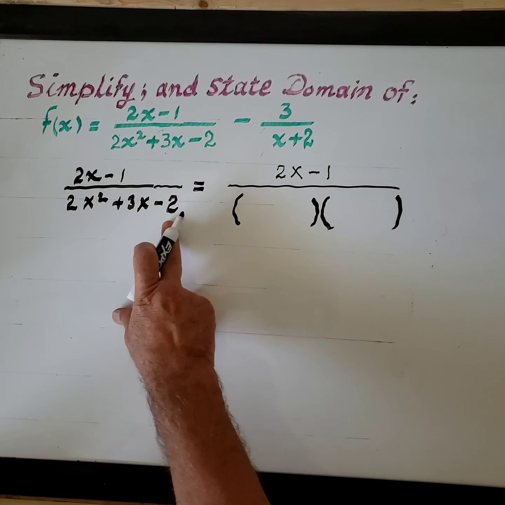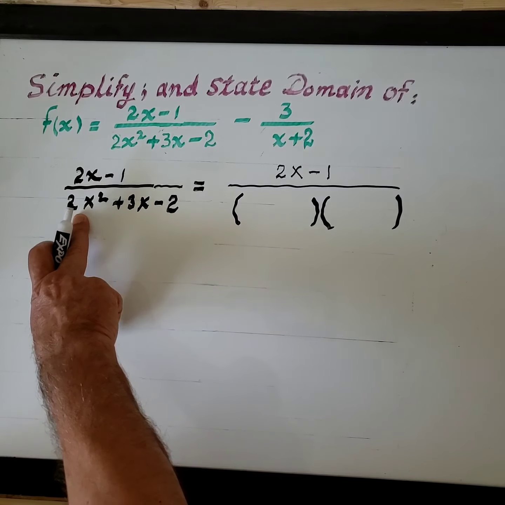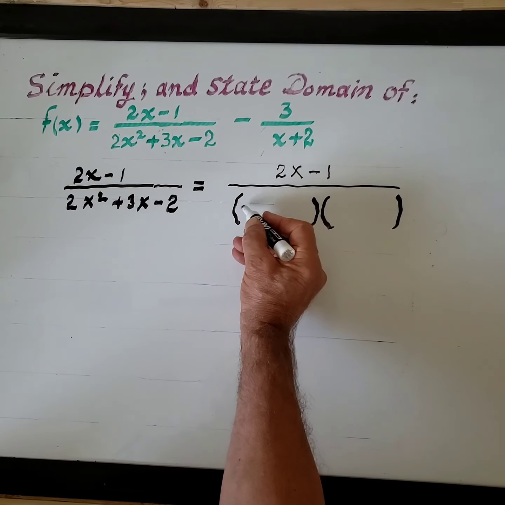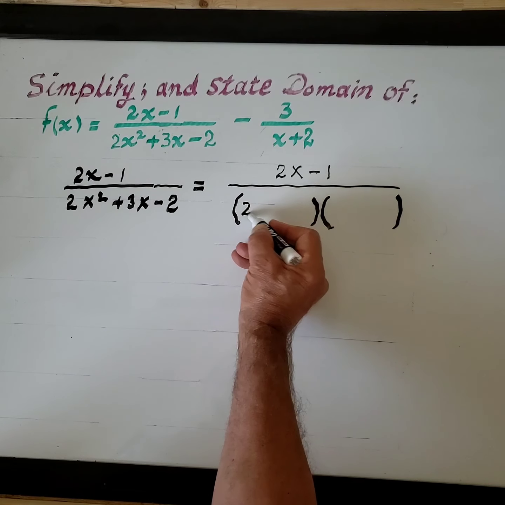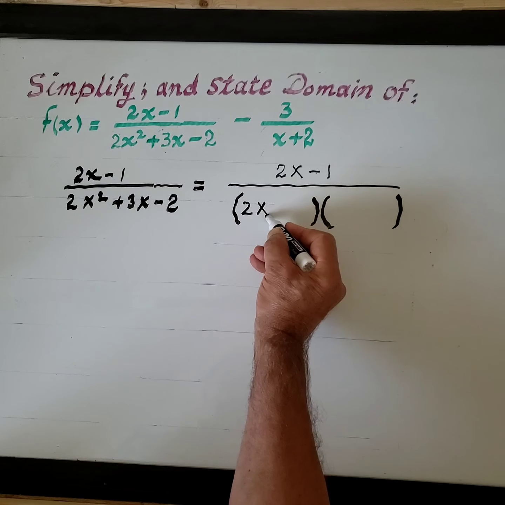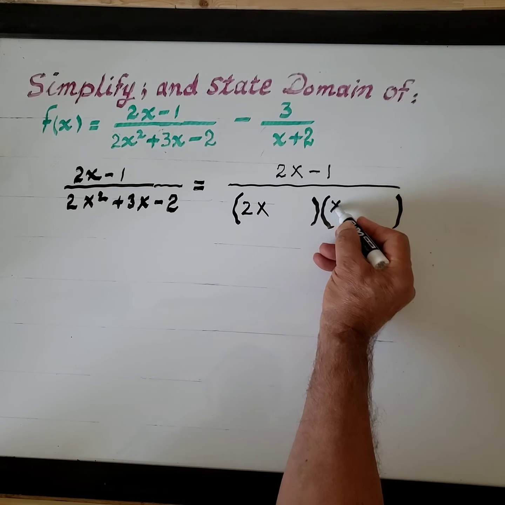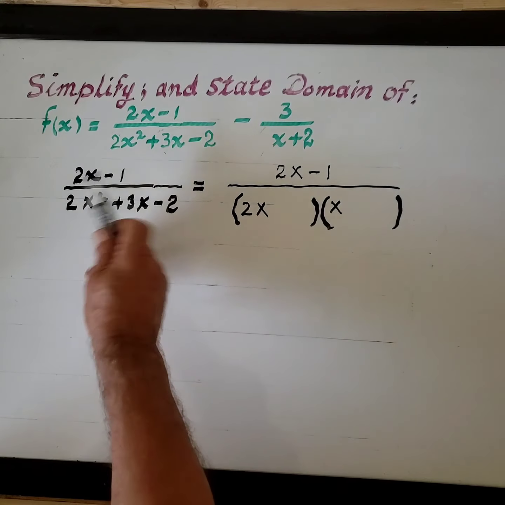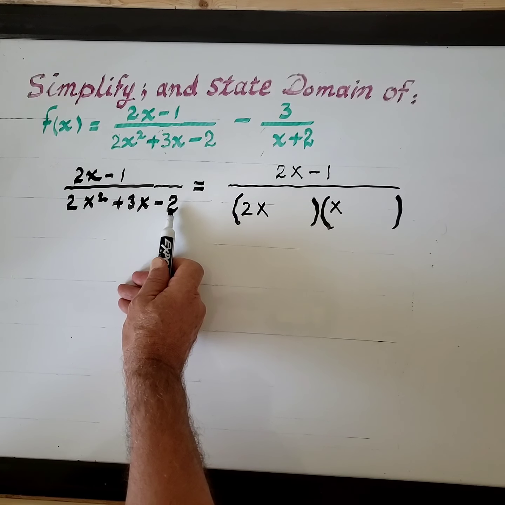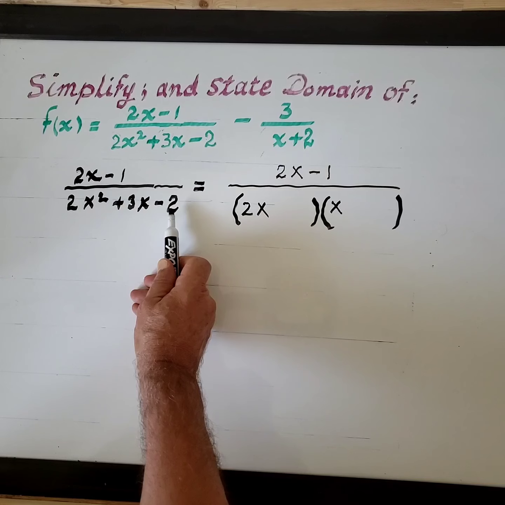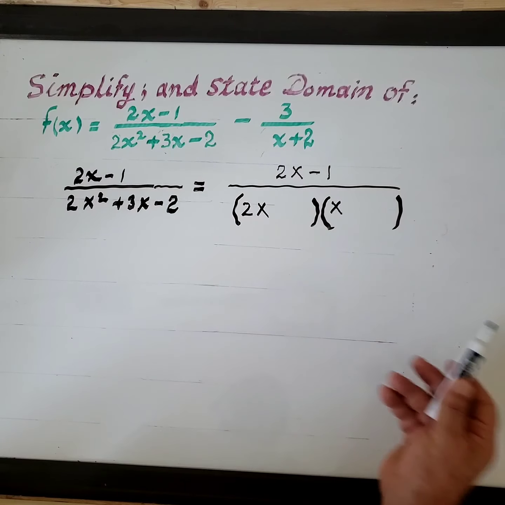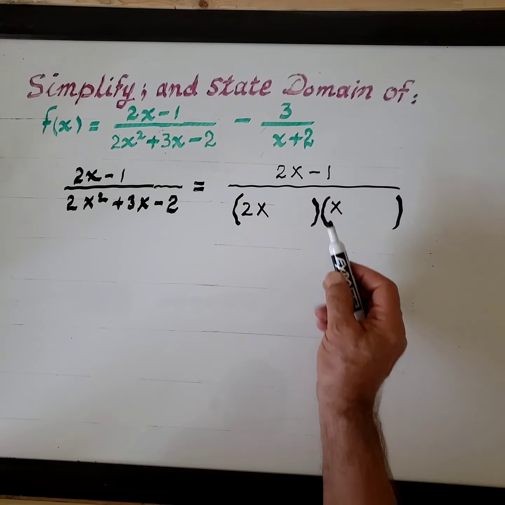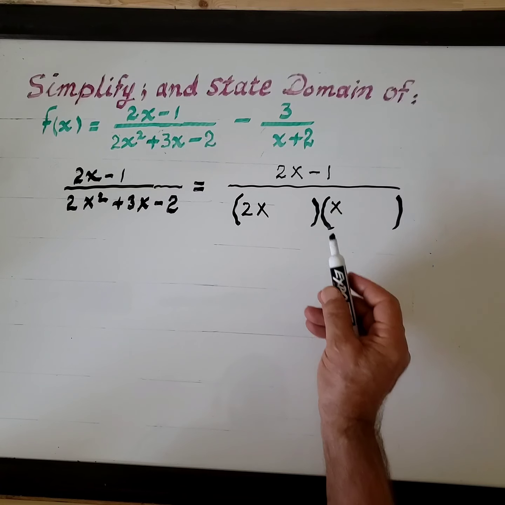To factorize this, take the first term, 2x squared, which can be factorized like 2x times x. Then go directly to the third term. Here is 2, which factorized into 1 times 2.